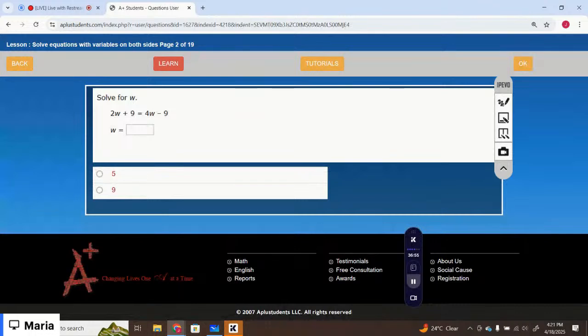Solve for w. 2w plus 9 equals 4w minus 9.